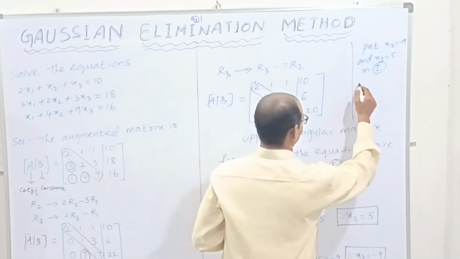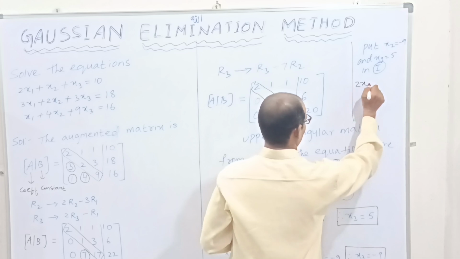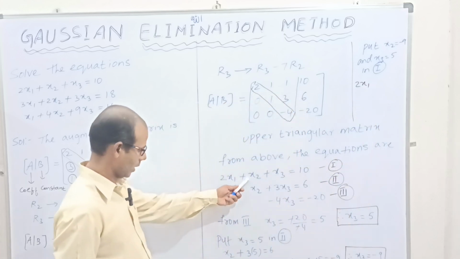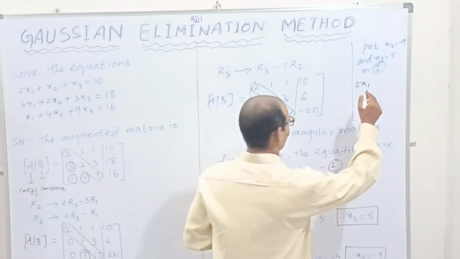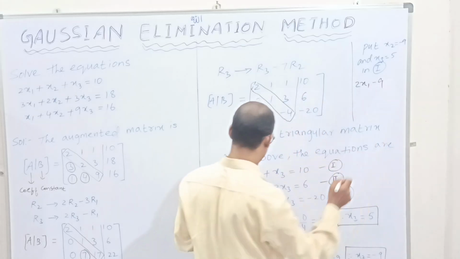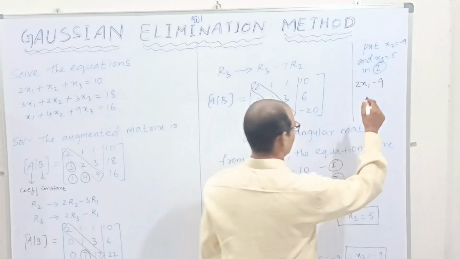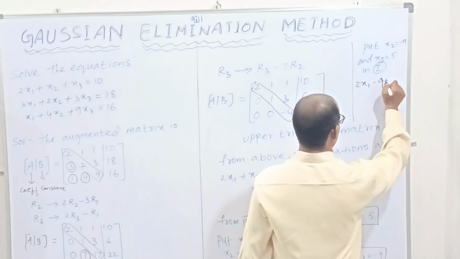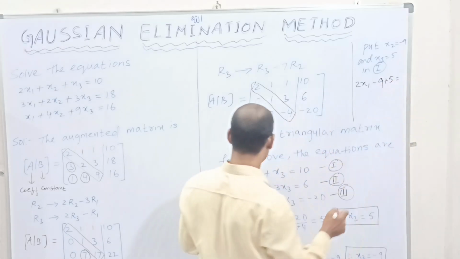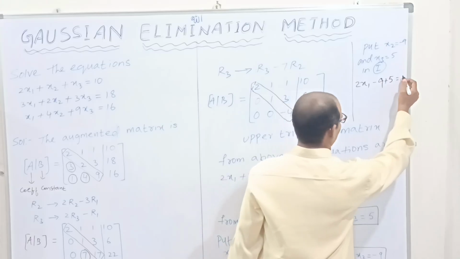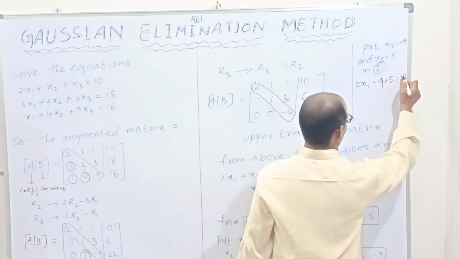So 2x1, x2 is minus 9, x3 is 5, minus 9 plus 5 is equal to 10.